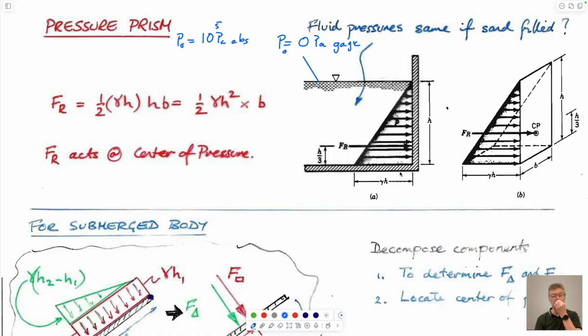And the reason it would cancel out is that there'd be 10 to the 5 pascals here, and there'd be 10 to the 5 pascals added on just the same on the other side, right here. So this would be 10 to the 5 pascals. So it's easier to work in gauge just because we ignore absolute pressures.